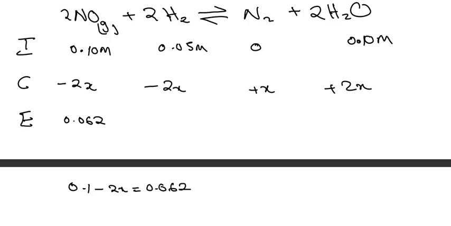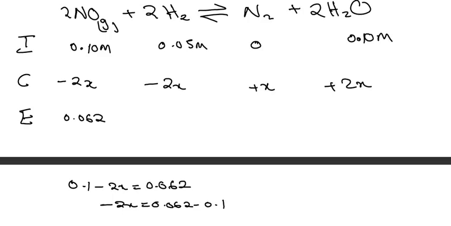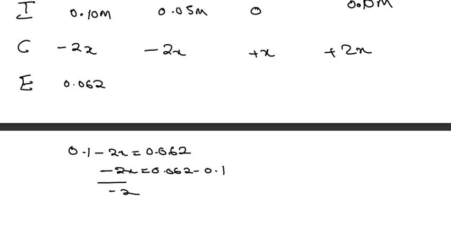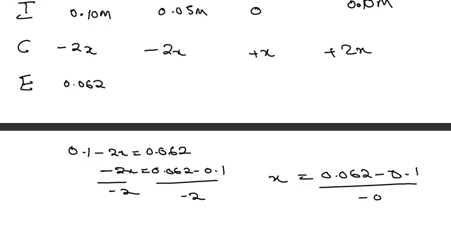So we're using this to get our x. So negative 2x is equal to 0.062 minus 0.1. Then we divide by negative 2. So x is equal to 0.062 minus 0.1 over negative 2.